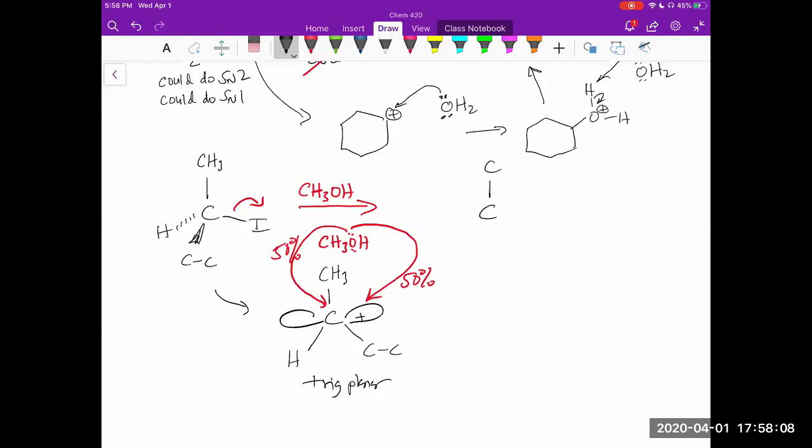So I have a C, and I might have my ethyl forward, my H back, and OCH3 attacking from the right. Just as likely to have my methyl up, ethyl pushed the other way, and OCH3 having attacked from the left. It's 50-50.